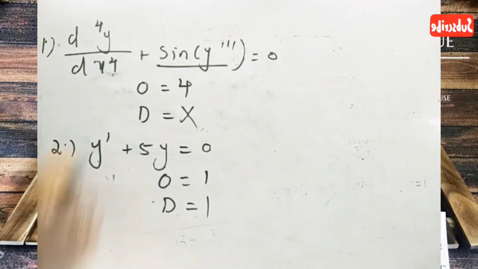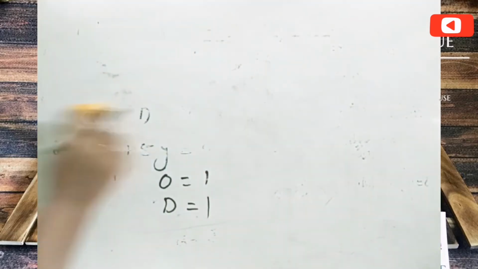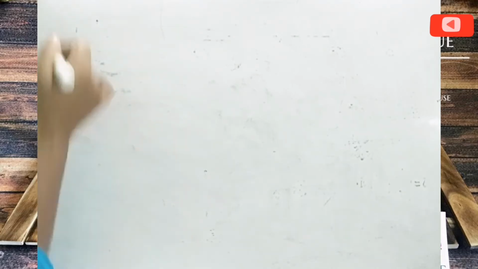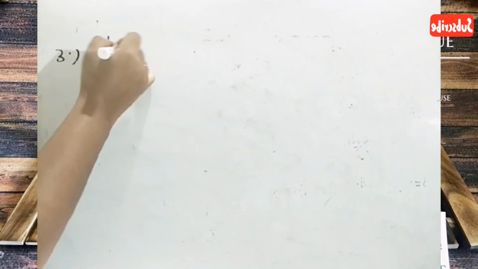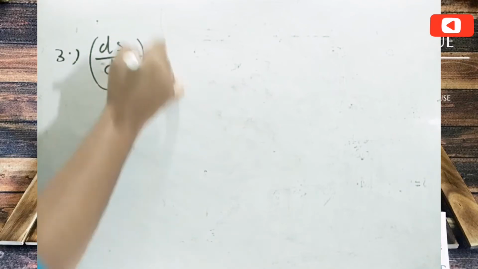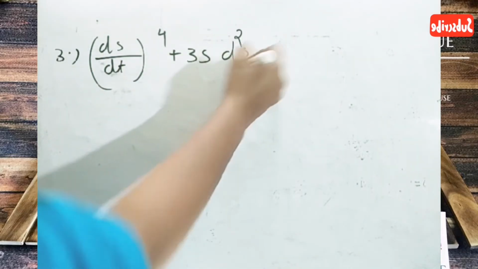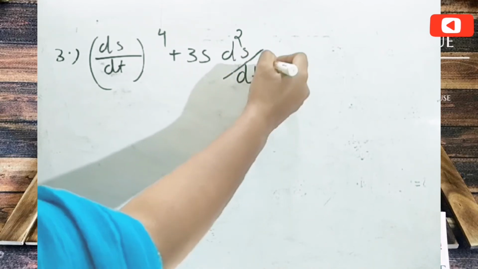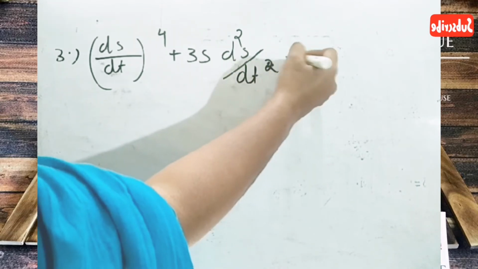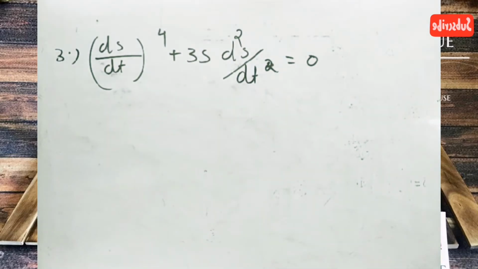Now third question. Third one: ds by dt all raised to 4 plus 3s into d square s by dt square is equal to 0. Just look at this differential equation. Find the highest order derivative.